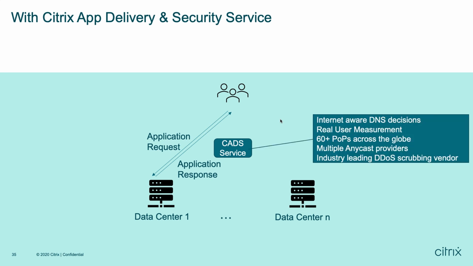As part of CAD service, we have a built-in intelligent global traffic distribution system, which measures billions of real user measurements across the globe, which can determine the best possible data center that a user from his current location can access. So in terms of robustness and resiliency, we have 60 plus POPs across the globe.